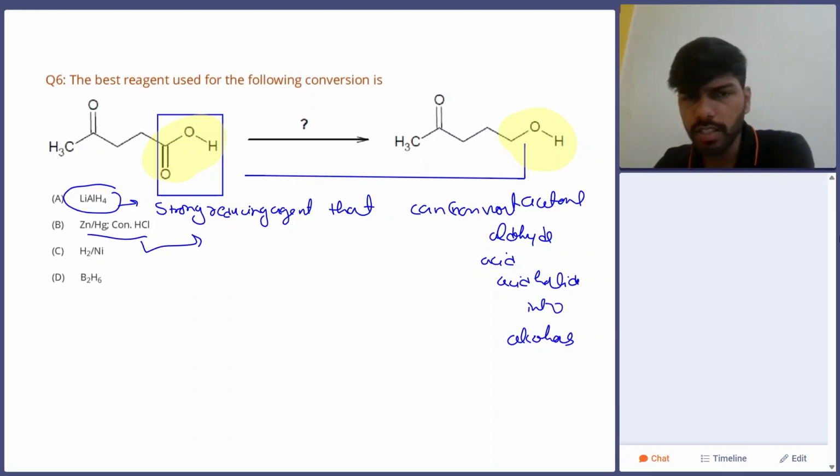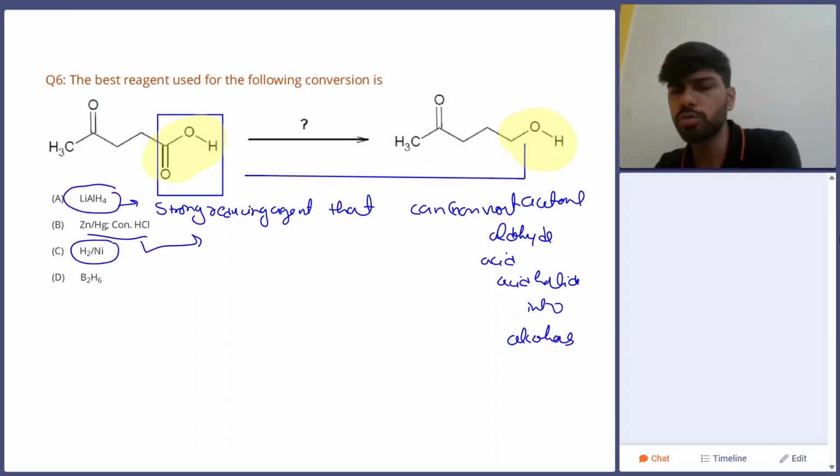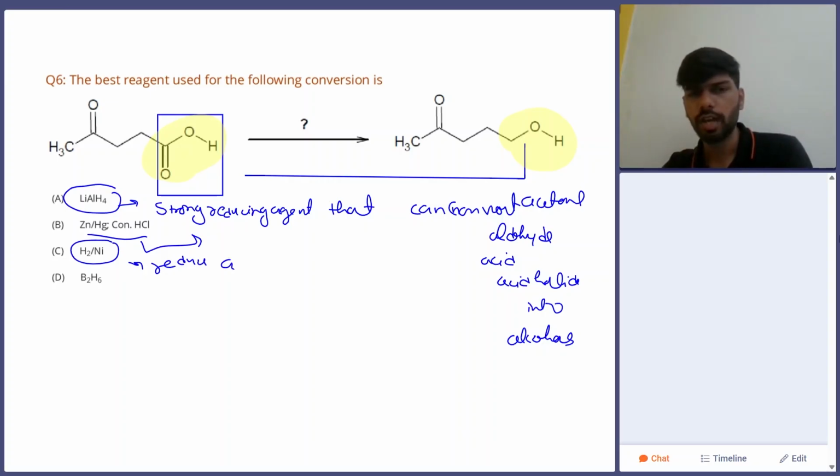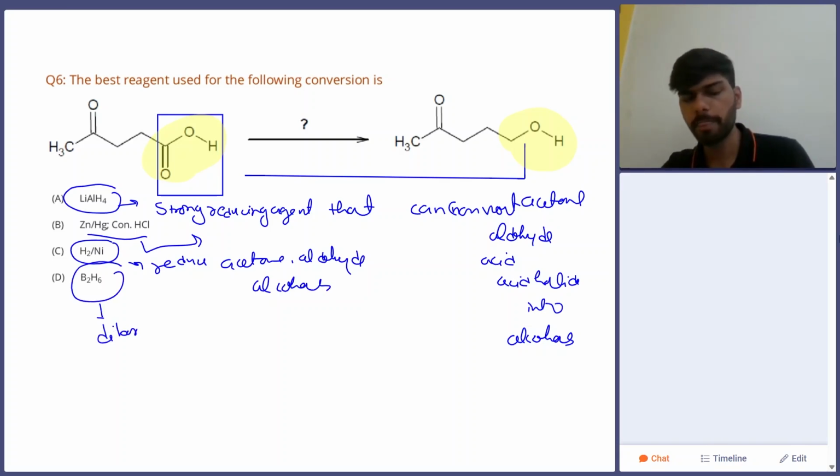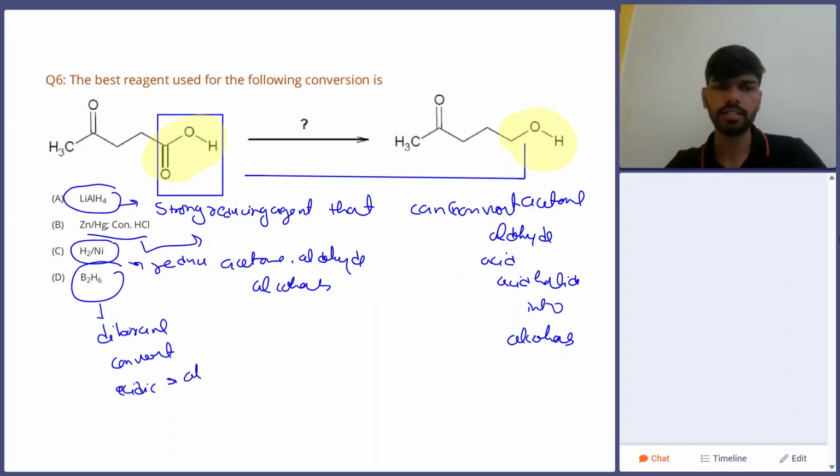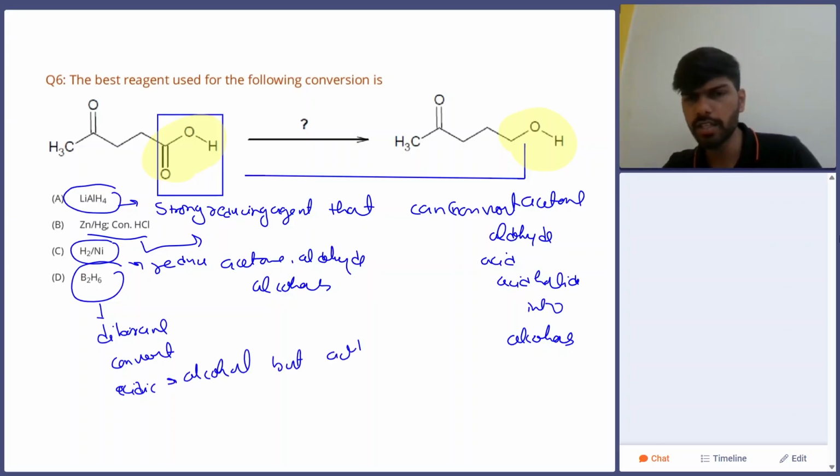Zinc amalgam with conc. HCl also does the same thing, and N2H2 also reduces acetone, aldehyde, and acid into alcohols. But if you look at diborane, this is your diborane. Diborane converts this acidic part, the acid, into alcohol, but for acetone the reaction is slightly sluggish.